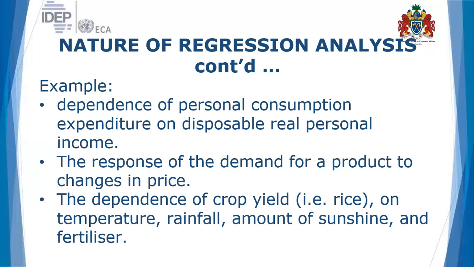Another example could be the dependence of crop yield, such as rice or wheat or maize, on factors such as temperature, rainfall, amount of sunshine, and fertilizer, just as an example, because there could be many other factors. So all these examples are cases where regression analysis can be applied to determine the relationships between the dependent variable and the independent variables.